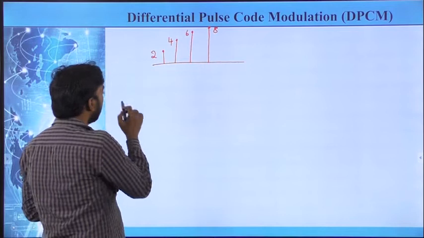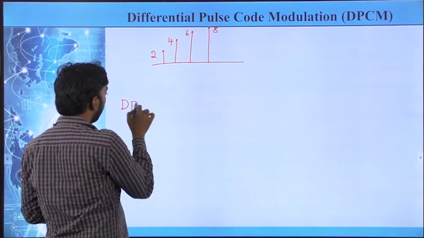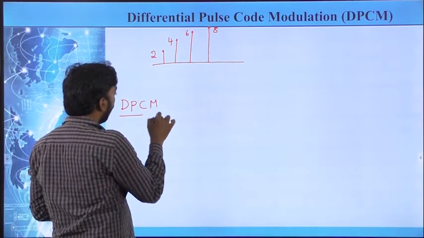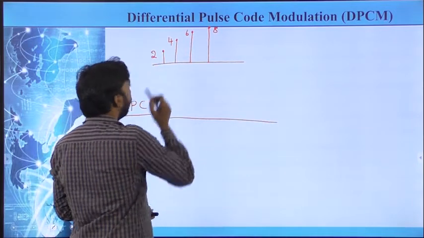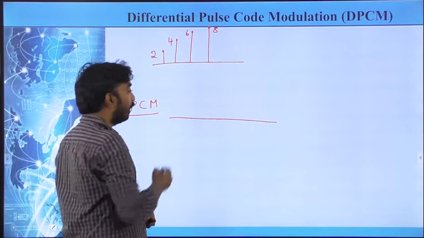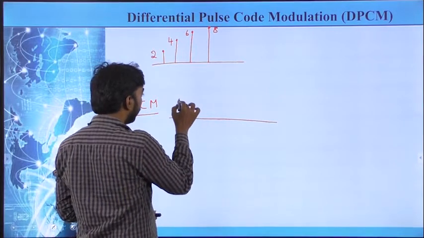And now in DPCM, what I am going to do is, the first sample, two volts, as it is I am transmitting.